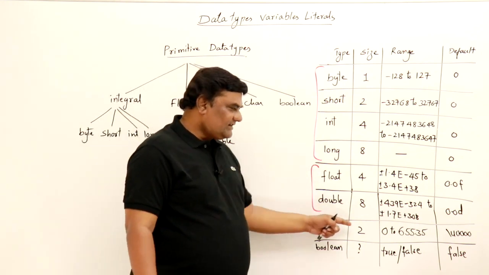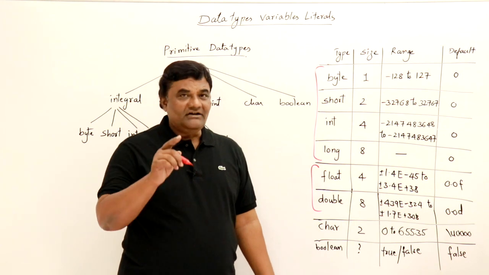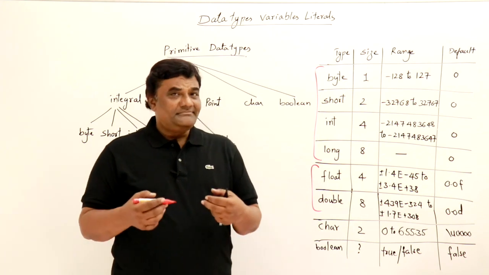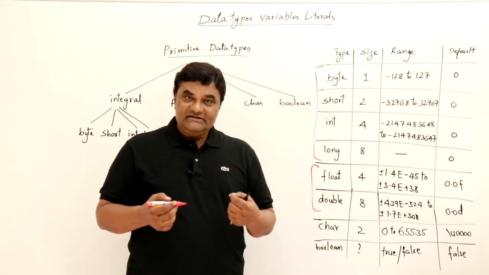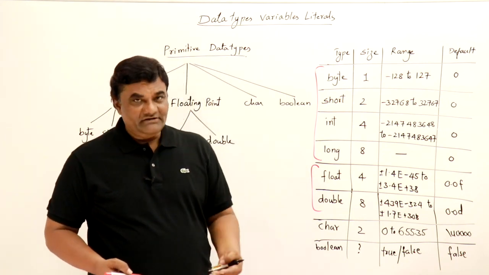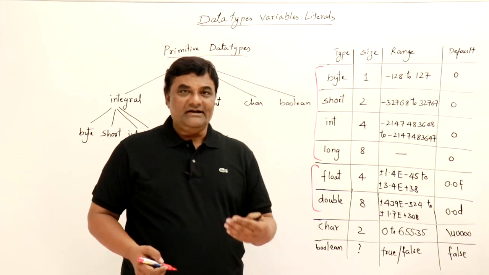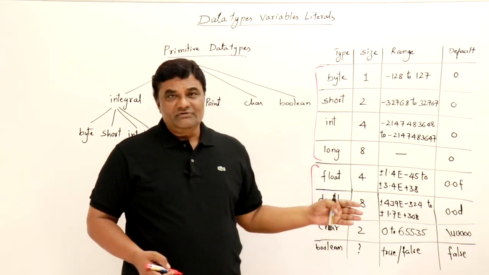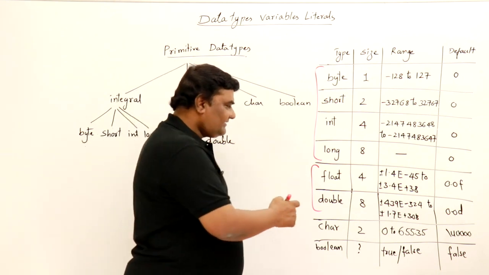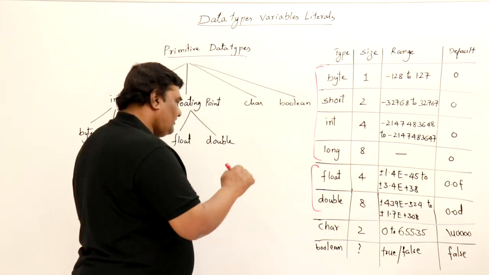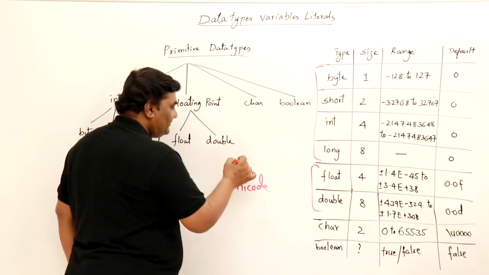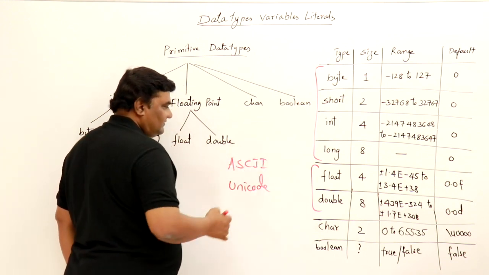Now next is character type data. See, Java supports other natural languages apart from English. In C and C++, you have support for only English alphabets, but Java has support for other natural languages also, like Hebrew, Arabic, Japanese, Chinese, and so on. It supports various other languages and their alphabets. To support that, it takes character as 2 bytes, because for all other languages we have codes called Unicode, but for the English language the codes are ASCII codes.